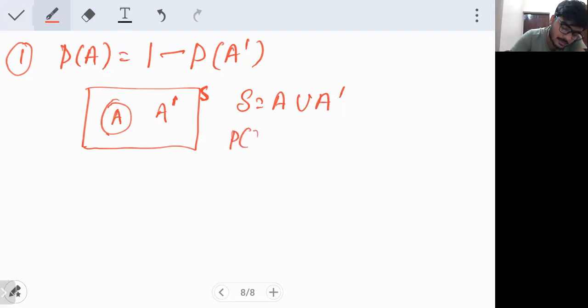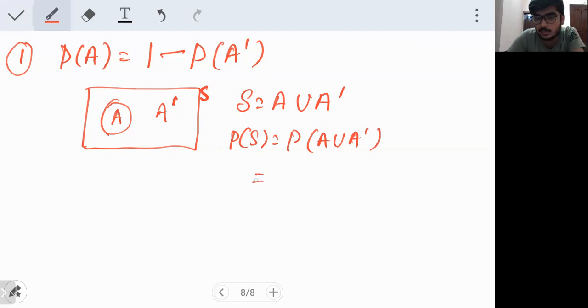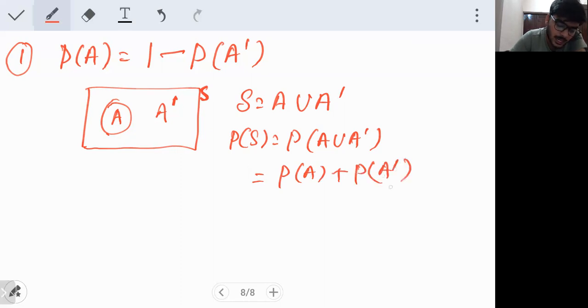So the probability of the sample space will be equal to the probability of A union A dash, and since they are disjoint, that is mutually exclusive, it will be equal to P(A) plus P(A dash), right? Since we have read from the axioms that the probability of the sample space has to be equal to 1, we can prove that P(A) is equal to 1 minus P(A dash).